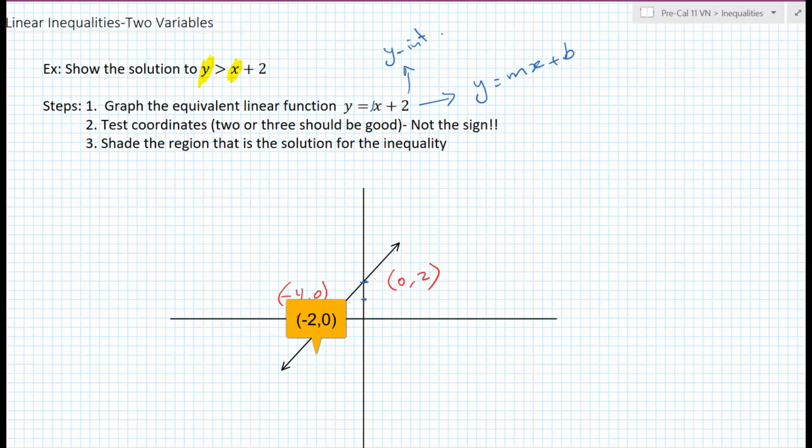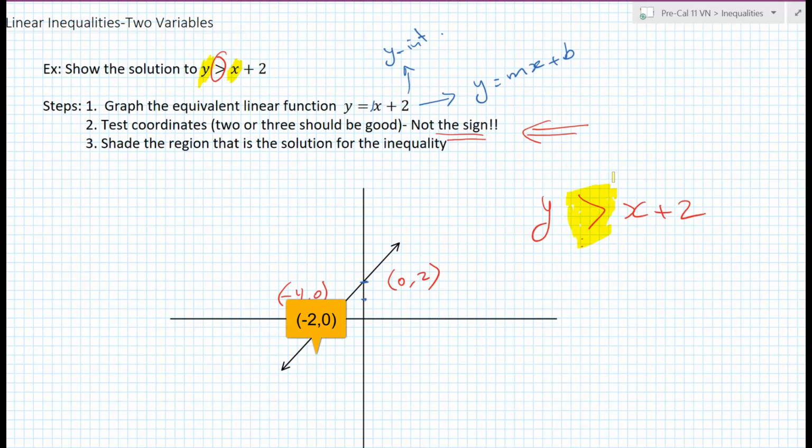Now, the last piece is we have to watch for the sign right here. So y is greater than x plus 2. We want this greater than. The very first thing is that this line cannot be a solid line, because points on this line are not part of the solution, because this is strictly a non-equal inequality.